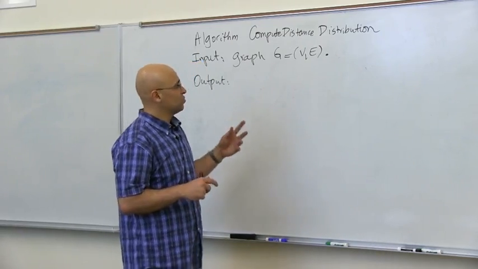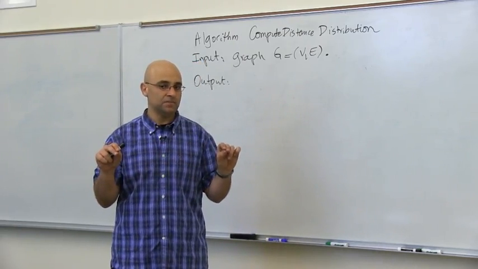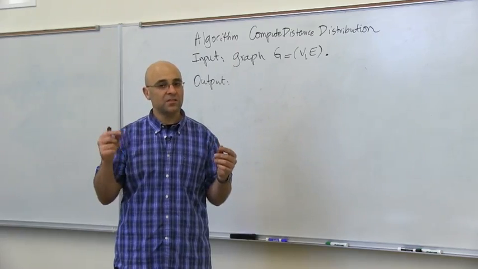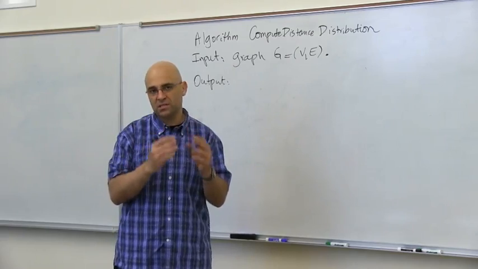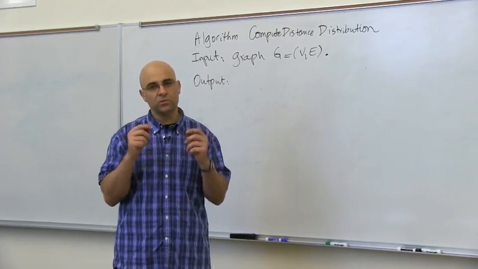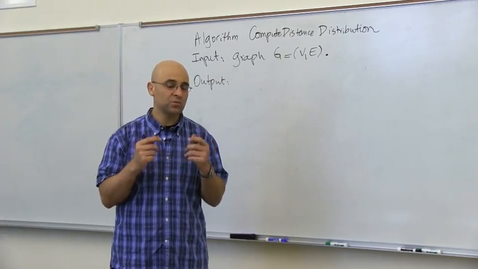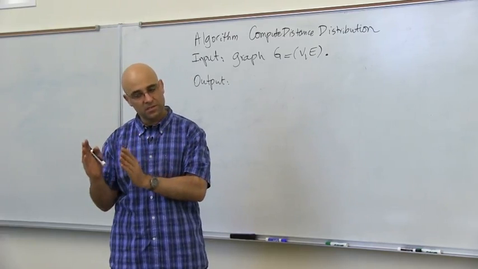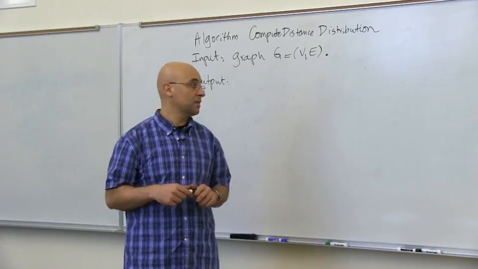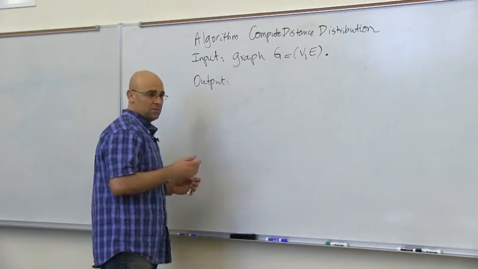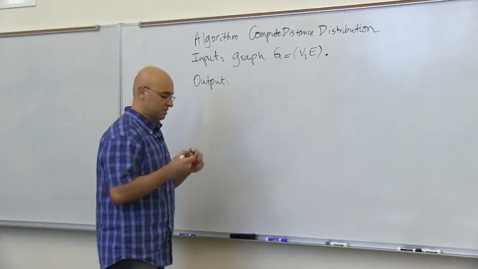So basically, we need to return for n minus 1 possible values the frequency with which we see each one of these values, okay? So for distance 0, how many pairs of nodes do we see at distance 0? For distance 1, how many pairs of nodes do we see at distance 1? For distance n minus 1, how many pairs of nodes have distance n minus 1? So the output is, I'm going to store all these in an array. I'm going to call it f for frequency, for example.